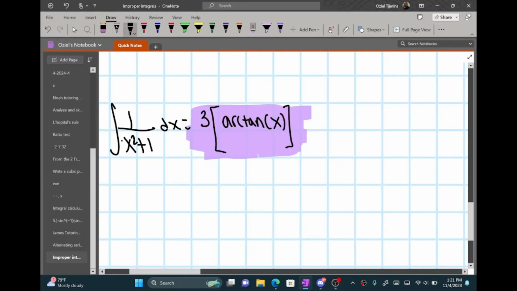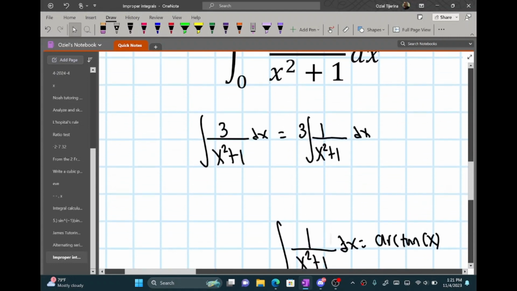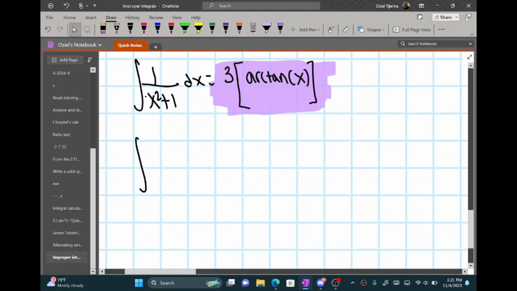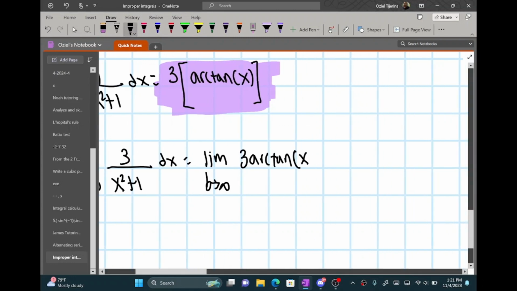It's gonna be the integral from 0 to infinity, and actually, I meant to put this outside, of 3 over x squared plus 1 dx is equal to the limit as b approaches infinity of 3 arctangent of x.